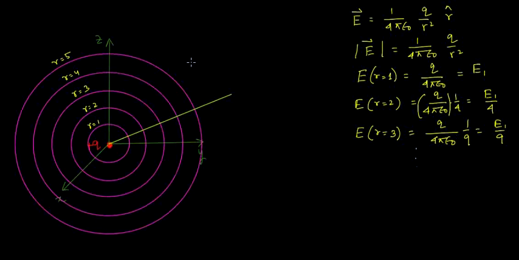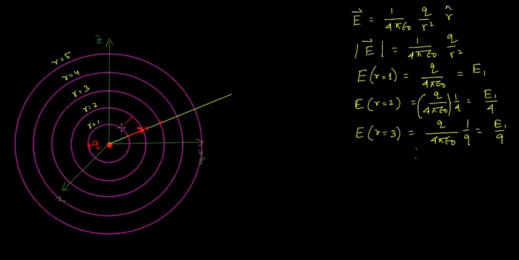So take these intensities as, suppose this one is E1, starting from here and reaching here. If this is E1, here at this point it will be 1/4 of this, and here it will be 1 by 9, and it will continue all through.